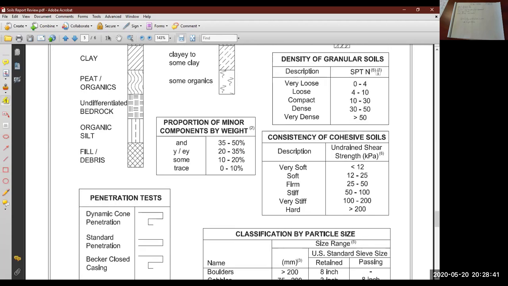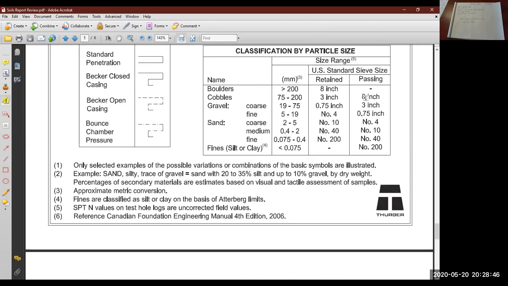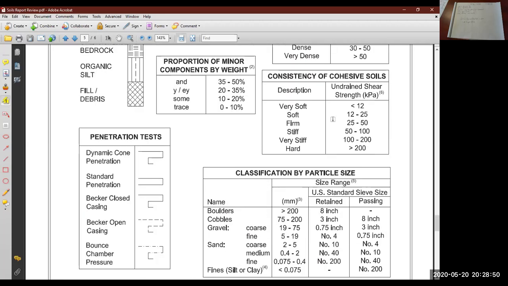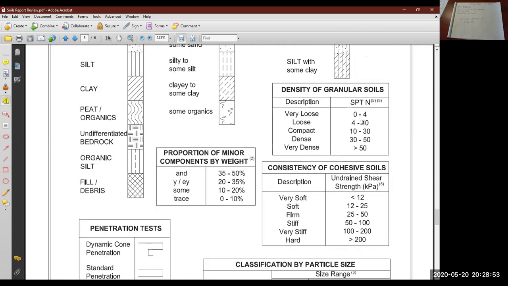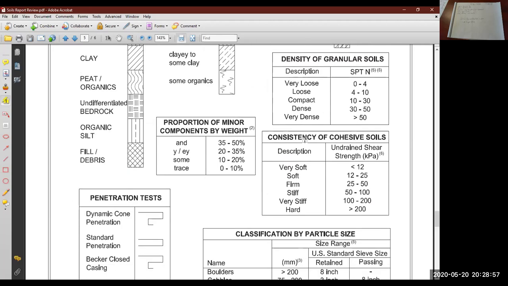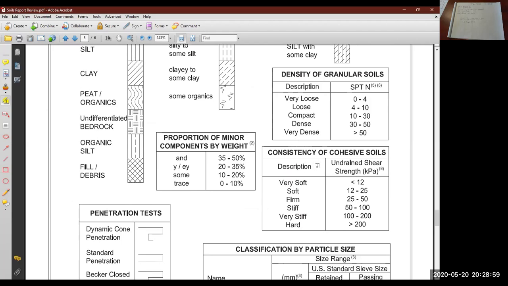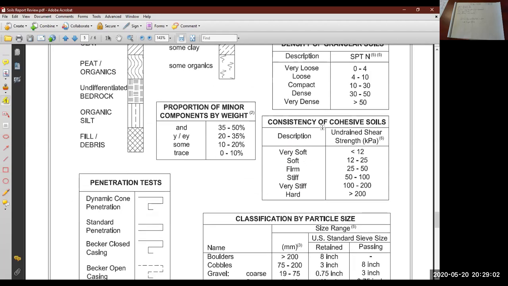There's bullets here, or sub notes 5 and 6. Those would be your blow counts. This section here is, again, just as important as anything else.